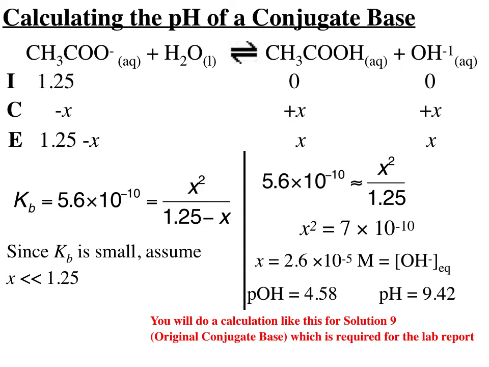Since I prepared 1.25 molar sodium acetate and it completely dissociates, I have put into water 1.25 molar acetate anion. This is the initial value before the hydrolysis. I have no acetic acid molecules yet, and I will say I have 0 molarity of hydroxide anions present.